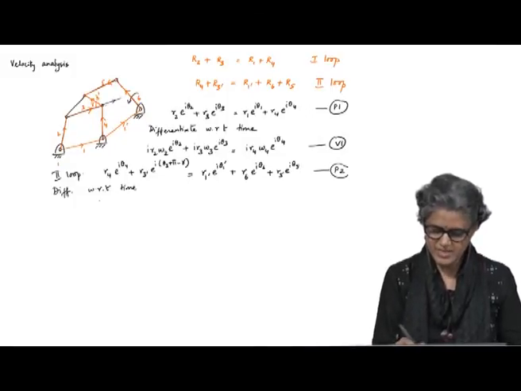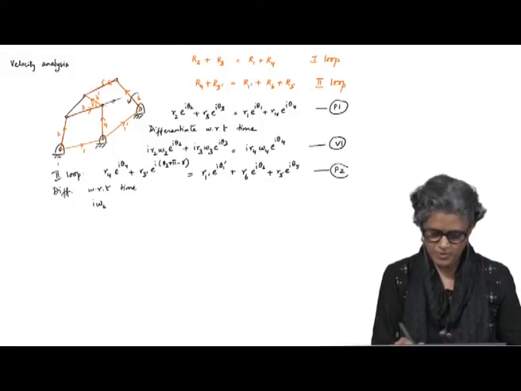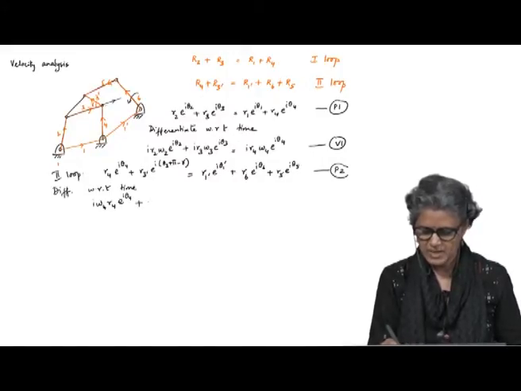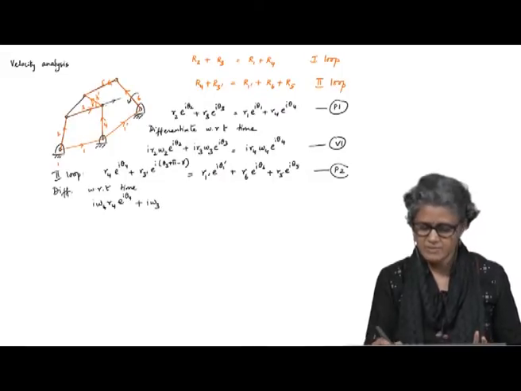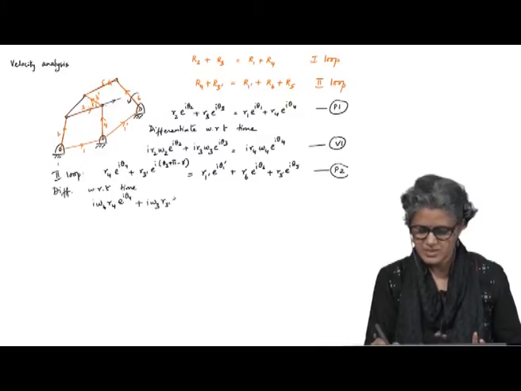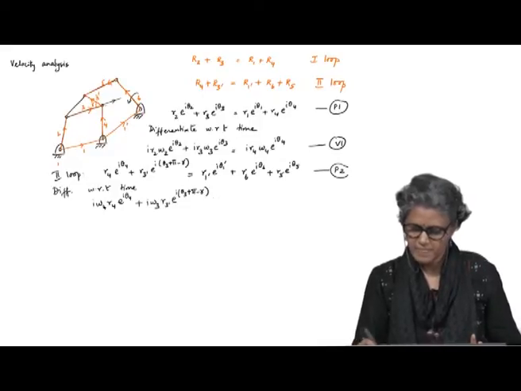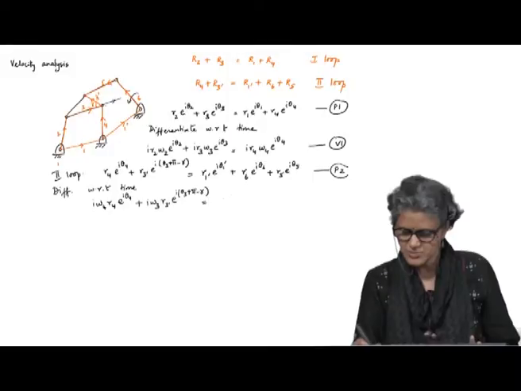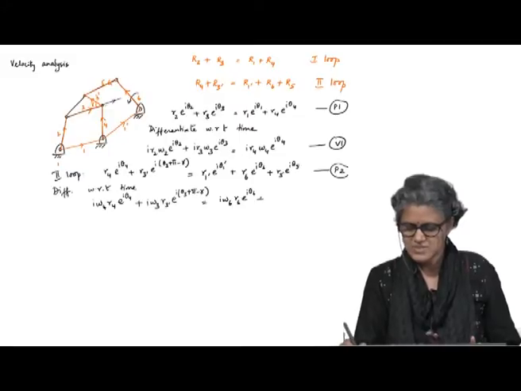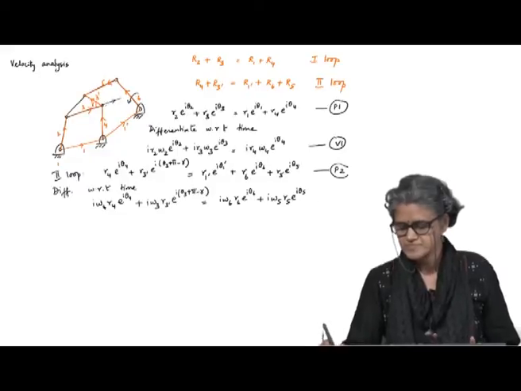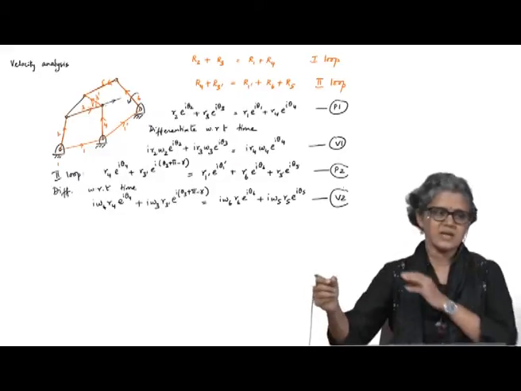When I differentiate this, I get i omega 4 R4 e power i theta 4 plus i R3 dash, which will still be omega 3, omega 3 R3 dash e power i (theta 3 plus pi minus gamma), is equal to R1 dash does not change with time, i omega 6 R6 e power i theta 6 plus i omega 5 R5 e power i theta 5. This would be my second velocity equation.